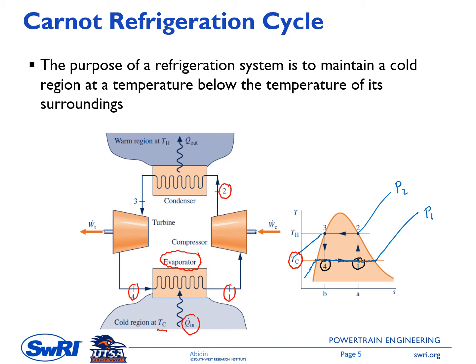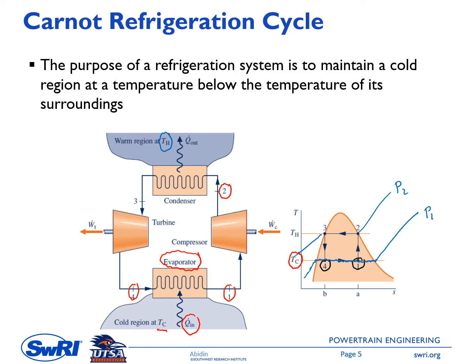Then the working fluid is directed to the condenser. Inside the condenser, there will be a heat transfer from the working fluid into the warm region. The warm region temperature is TH. Like inside the evaporator, the heat transfer occurring in this Carnot refrigeration cycle is a reversible process.